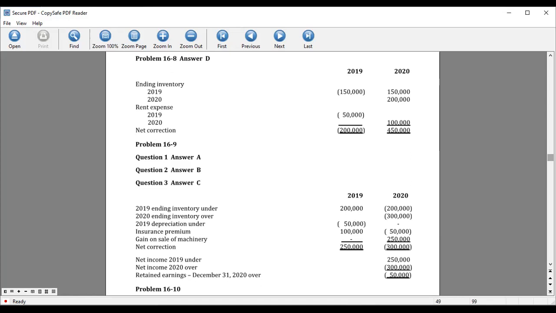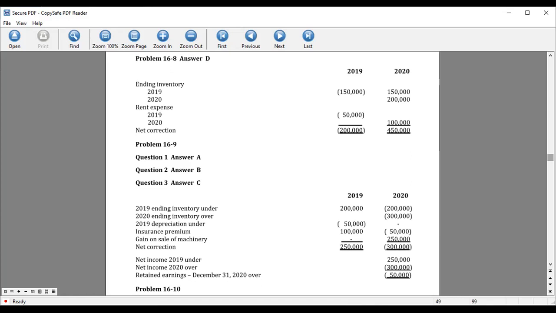But the effect of this will be a gain on sale of machinery for 250,000. So actually there is no more depreciation. You debit cash, debit accumulated depreciation, credit machinery, and credit gain on sale.